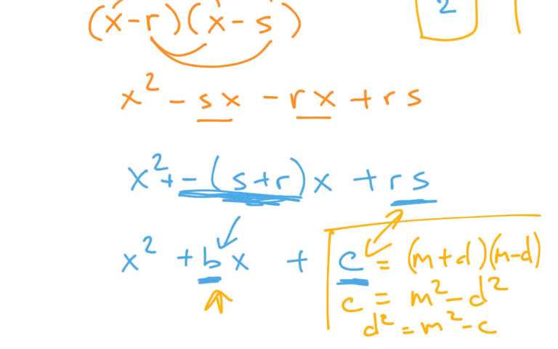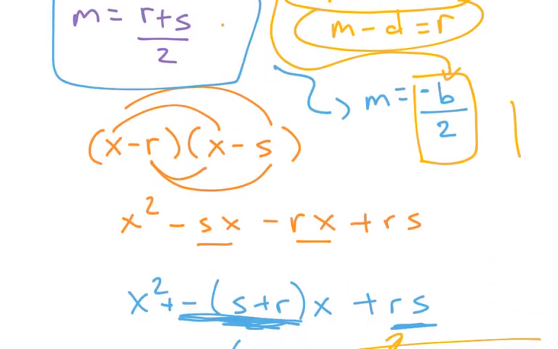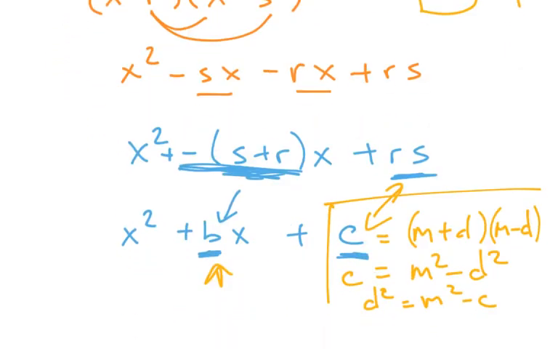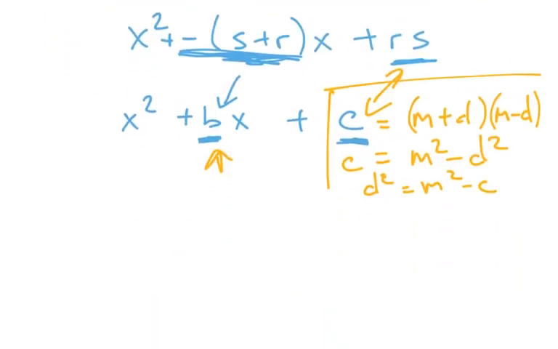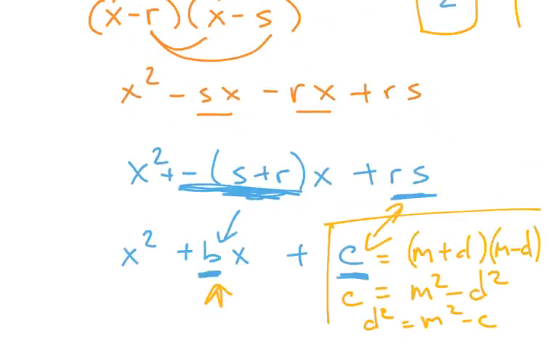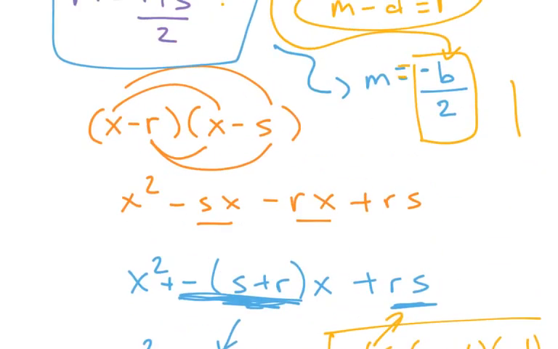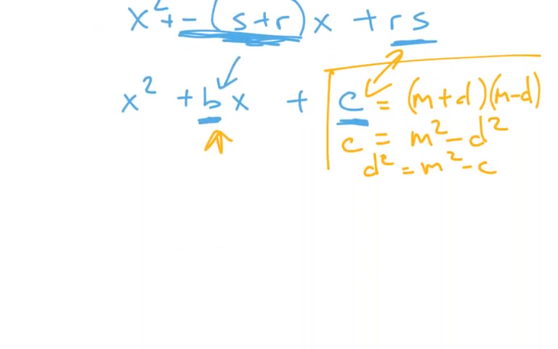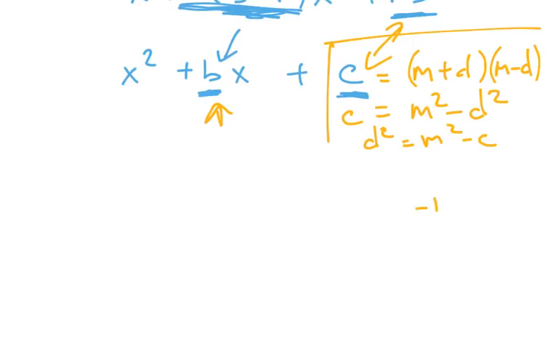Well, what do we have here? Let's rehash this. So we know that m, I got a little more space, cool. I know m is equal to negative b over 2, right? So m is negative b over 2 squared.